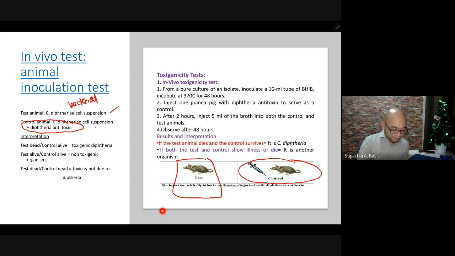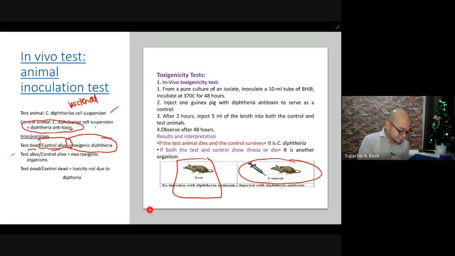So we inject. If the test animal is dead and the control animal is alive, meaning to say you have isolated a toxigenic bacteria. The reason why the control animal is alive is because there is an antitoxin that can neutralize the toxin being produced by Corynebacterium diphtheriae.